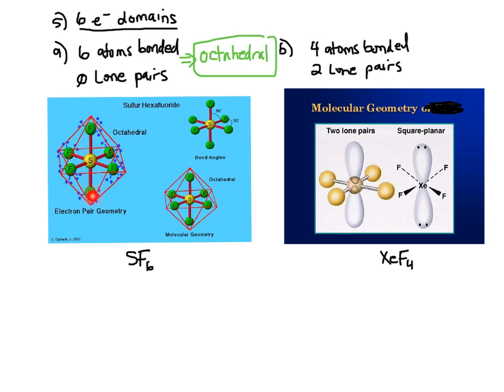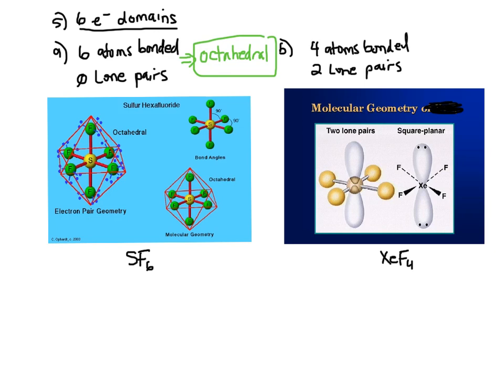So it's going to take exactly the same shape as one where you have 6 atoms bonded to your central atom, only instead of these being atoms bonded, they're actually lone pairs. And so your molecule ends up with your atoms and your bonds all being in one plane of existence in a square shape.